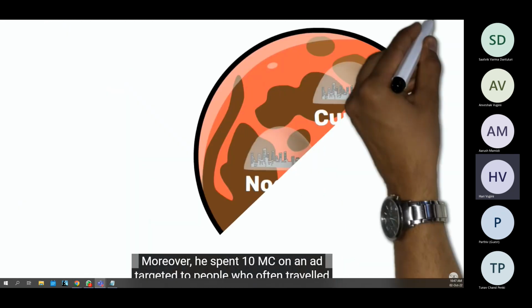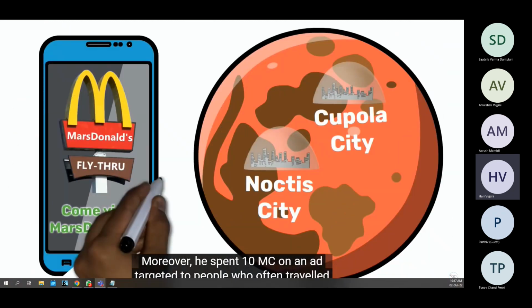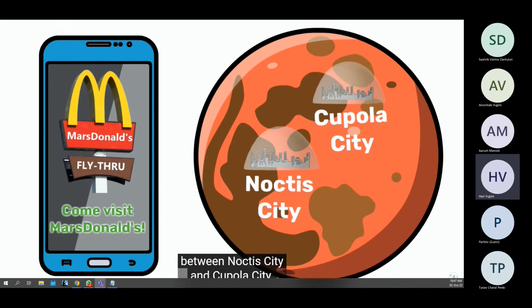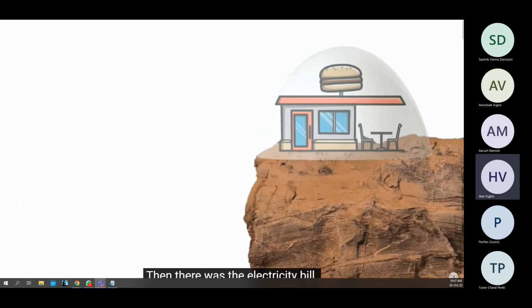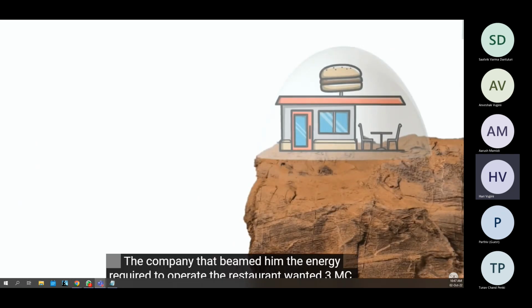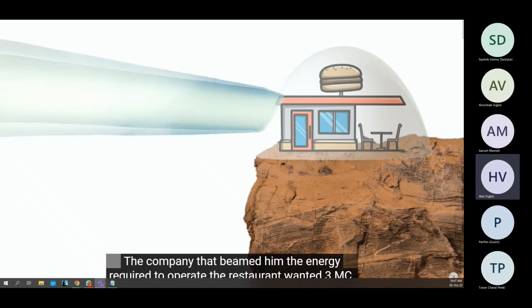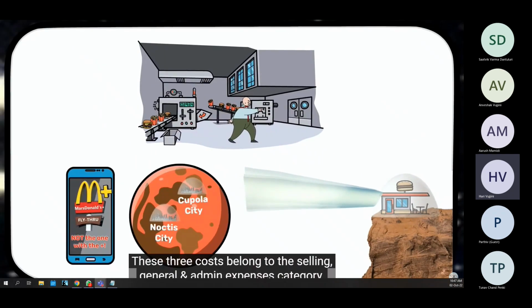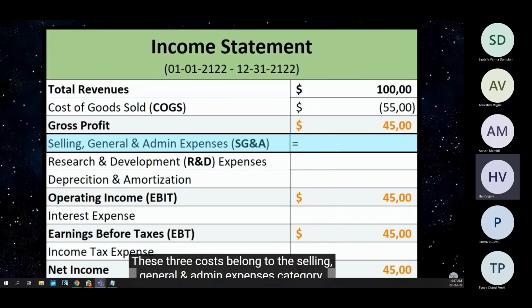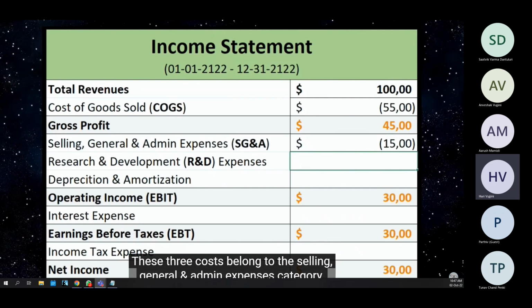Moreover, he spent 10 MC on an ad targeted to people who often traveled between Noctis City and Cupola City. Then there was the electricity bill. The company that beamed him the energy required to operate the restaurant wanted 3 MC. These 3 costs belong to the selling, general, and admin expenses category.